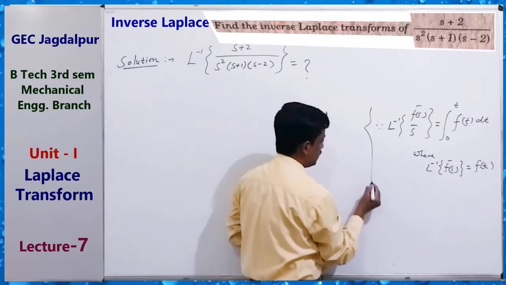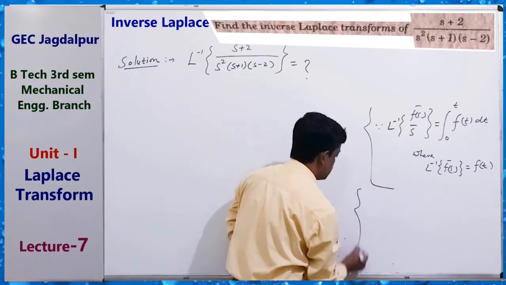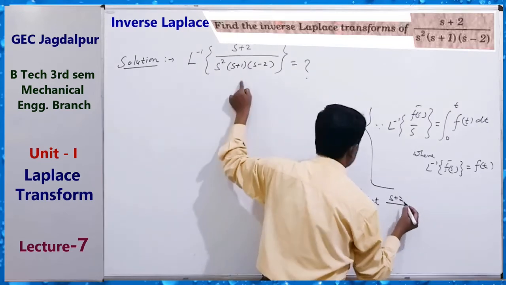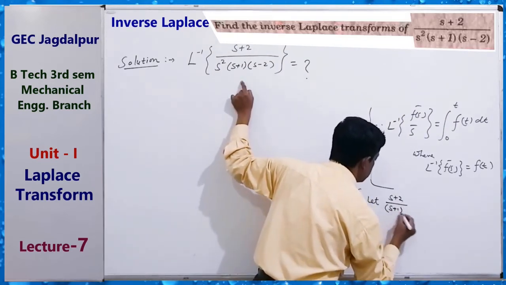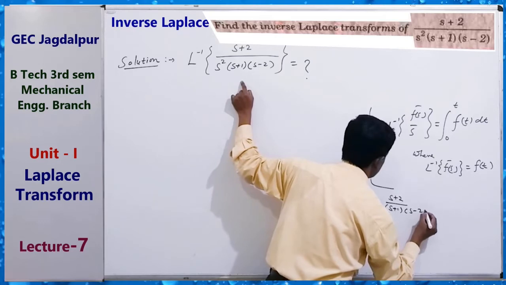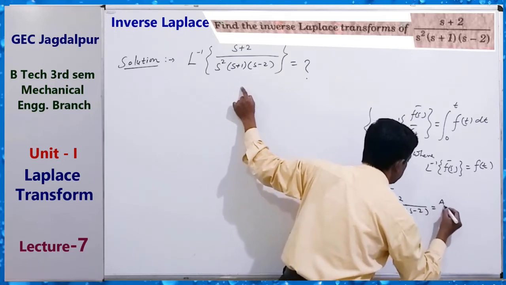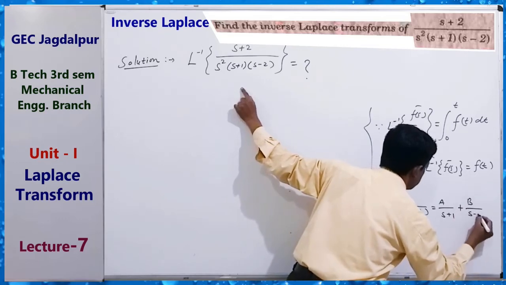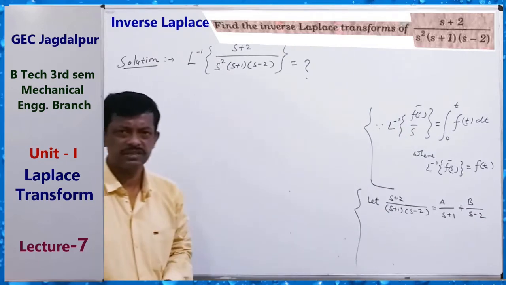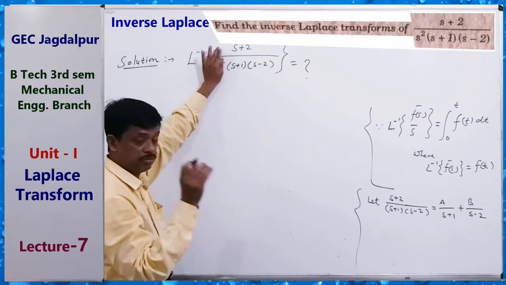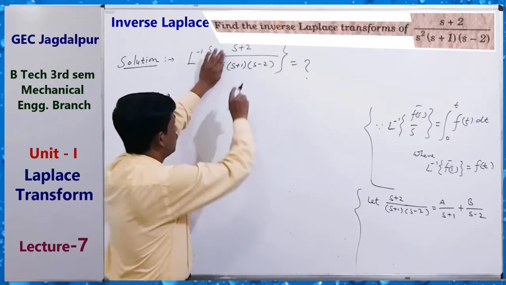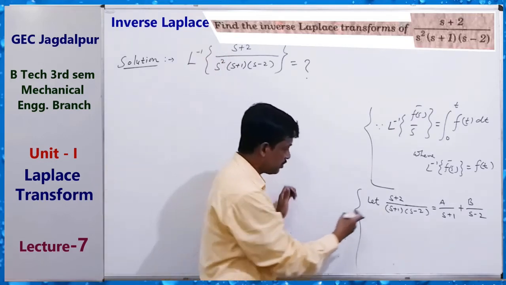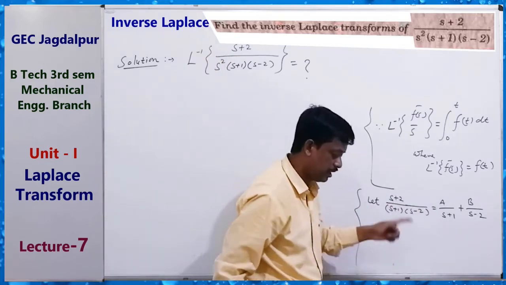Okay, for that, let s plus 2 by s plus 1 and s minus 2 equal a by s plus 1 plus b by s minus 2. For partial fractions, we can write it like this.